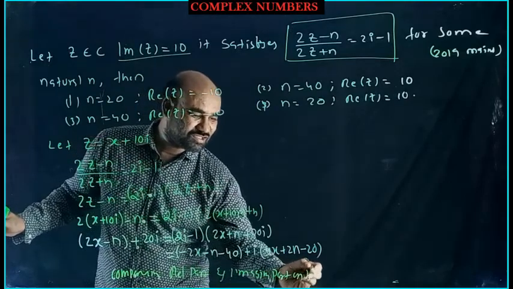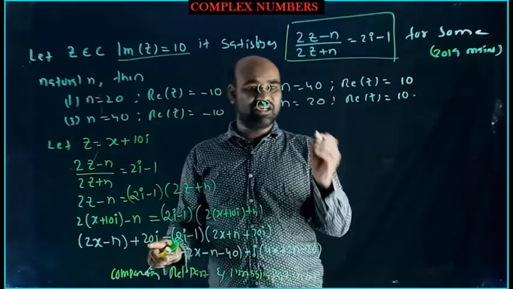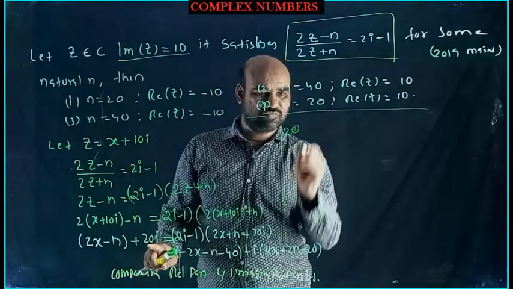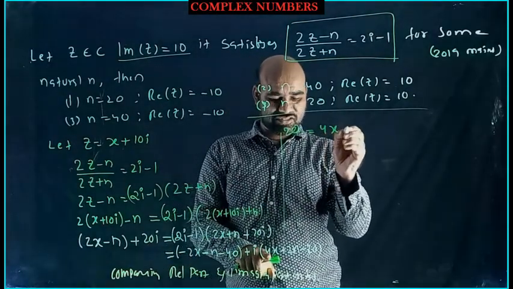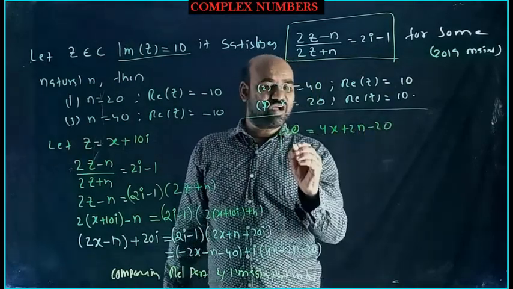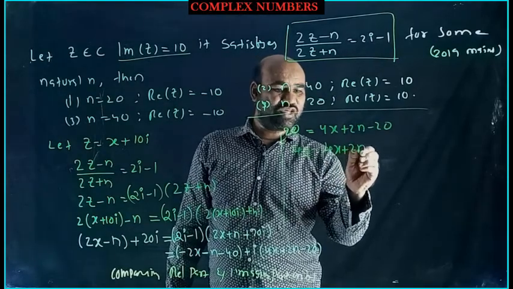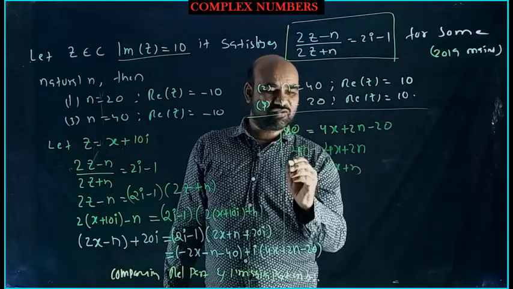on both sides, directly I can say that this 20 is equal to this 4x plus 2n minus 20, or 40 equal to 4x plus 2n, or 20 equal to 2x plus n. This is one of the relations.